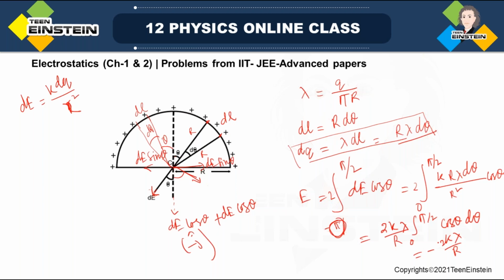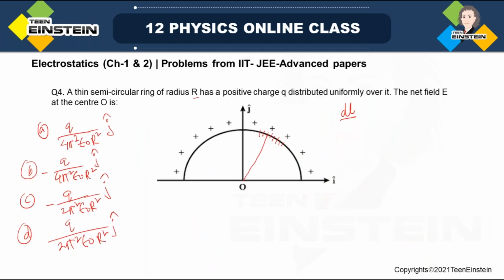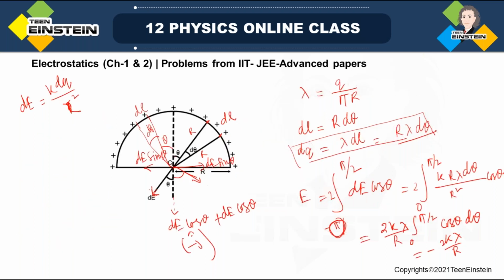Now let us see, our options are given in terms of q, so we have to find out what lambda is. We have to write lambda equal to q by pi r, like that. This will be plus because sine is coming.